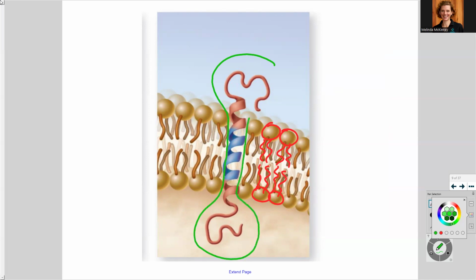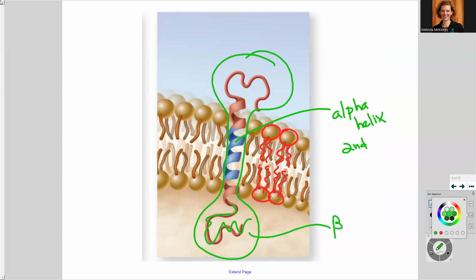And this one's a little bit smaller, but you can see it's got this shape here, this alpha helix. Now that was part of the protein structure, the secondary structure, right? As long as the beta pleated sheets shown here. This is, again, beta pleated sheet, just as a review from the protein structure.